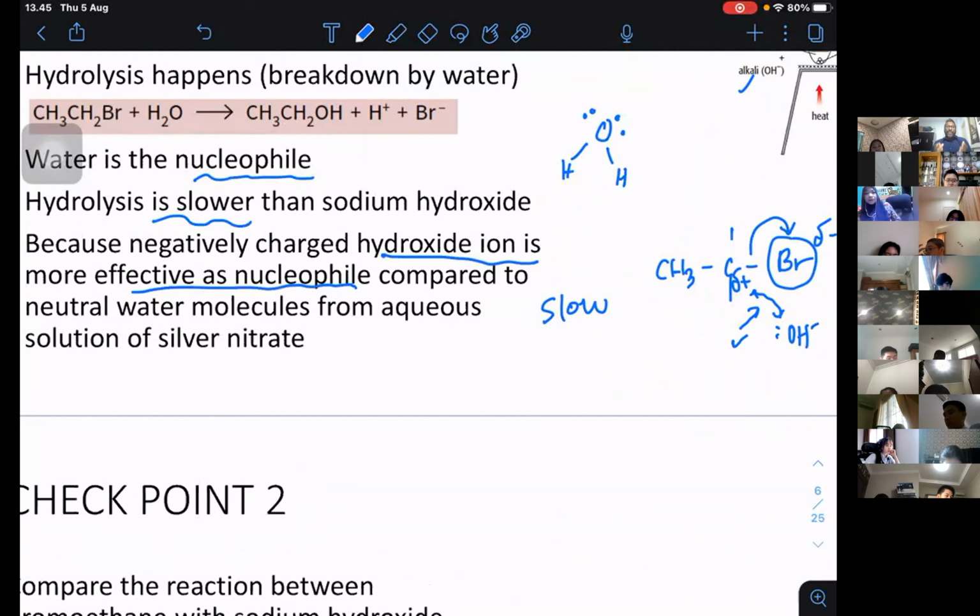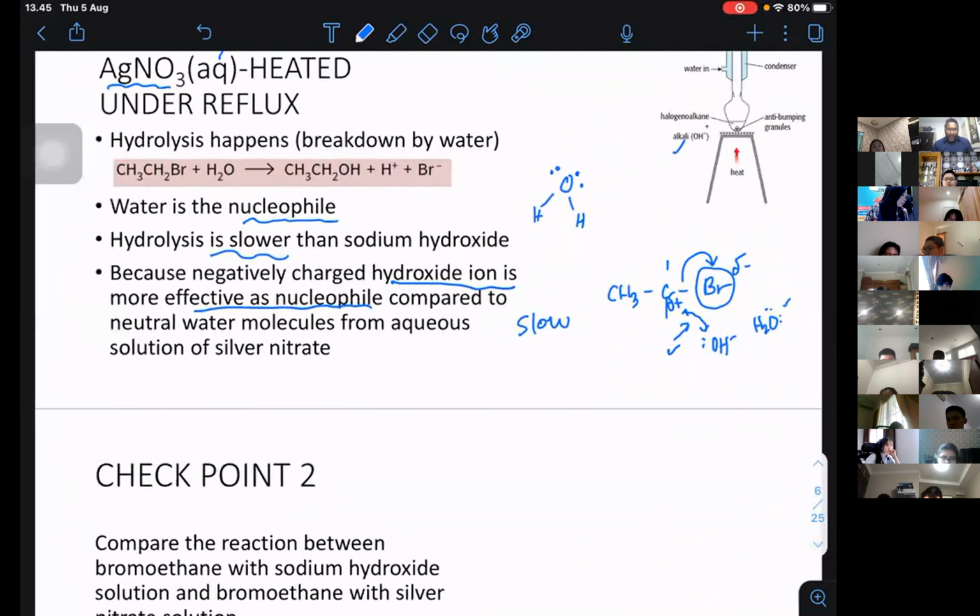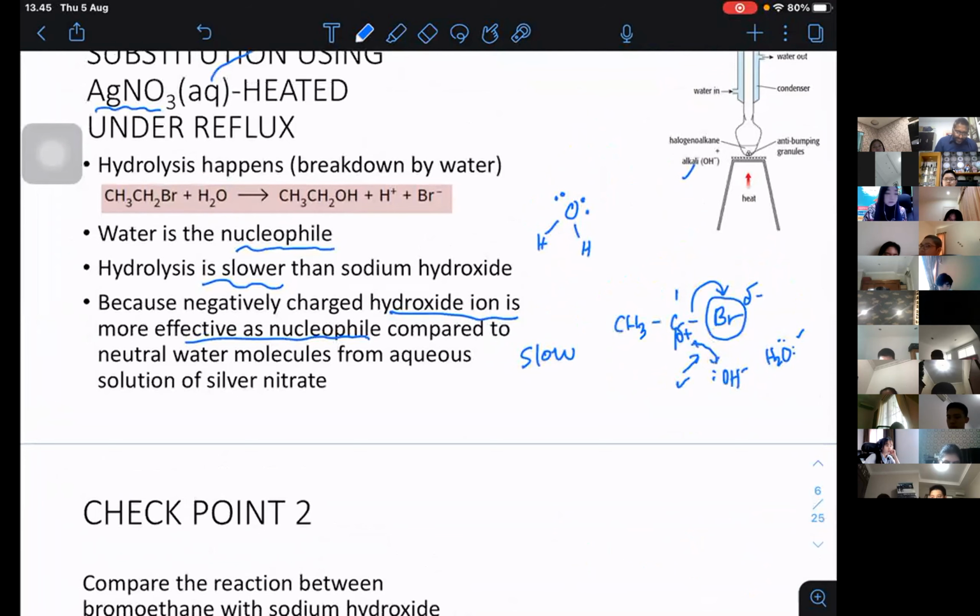This one you need to understand, but please remember one more thing. When this reaction is happening, it is still a substitution reaction. The OH is going to take the place of the Br, the Br will come out, and then the H and the Br will join together to give you HBr.